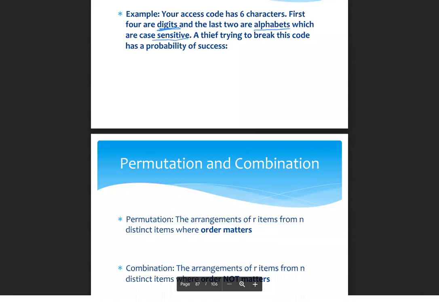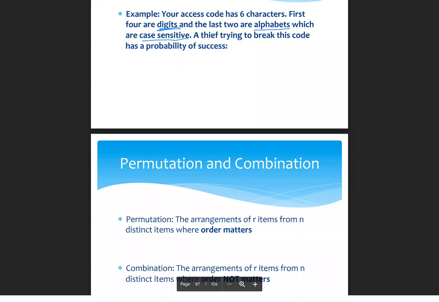If a thief trying to break this code has a probability of success. So basically it's asking what is the probability that a thief trying to break this code will get it right. There is only one code out of all the possible codes. So the probability will be 1 out of all the possible ways you could have this access code.